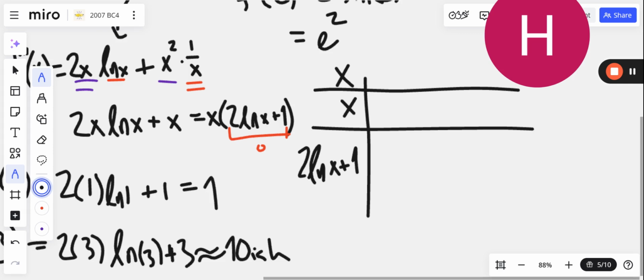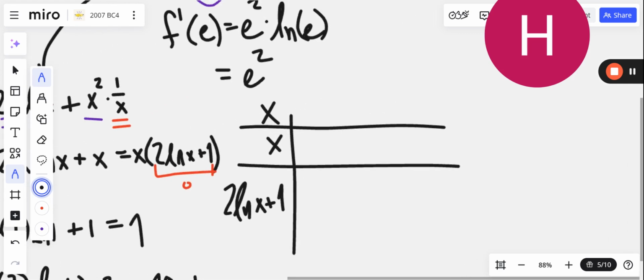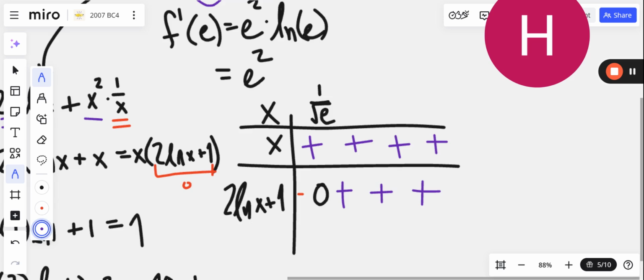That would be e to the negative 1/2, which is 1 over the square root of e. That's when this would be 0. And as long as x is positive, which it does say in the domain, of course our x is just going to be positive.